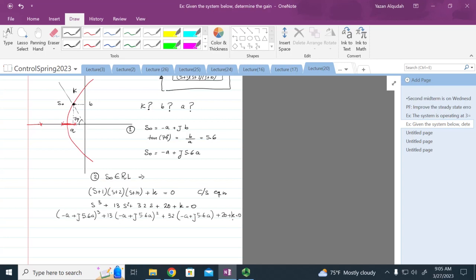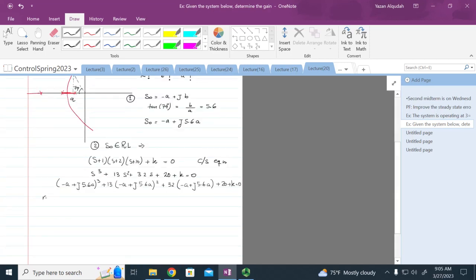Together? Okay, so therefore, we're going to take the real part and say we're going to need the real part to equal to a 0. So this is 2 unknowns. We're going to take real part, we're going to equate it to a 0. We're going to take imaginary part, we're going to equate it to a 0.